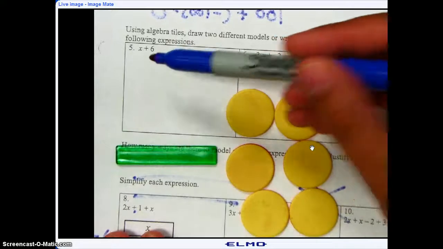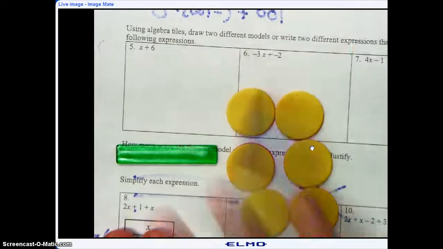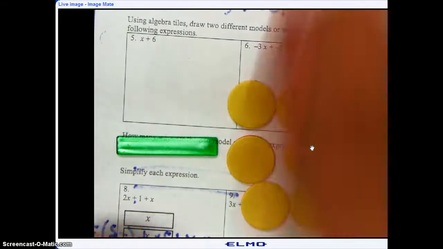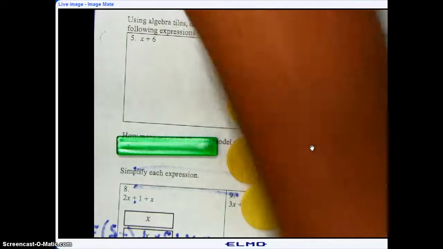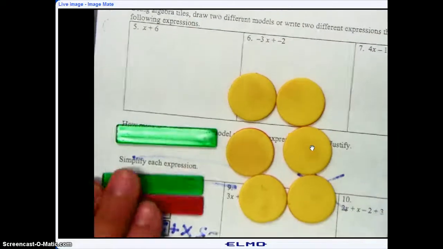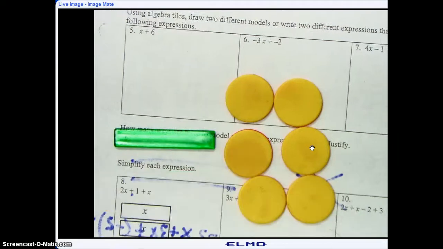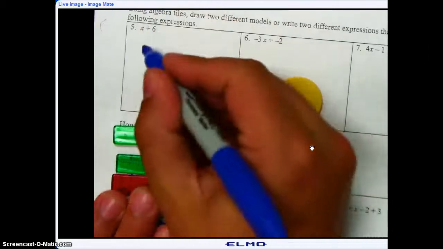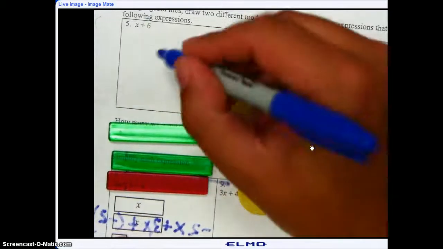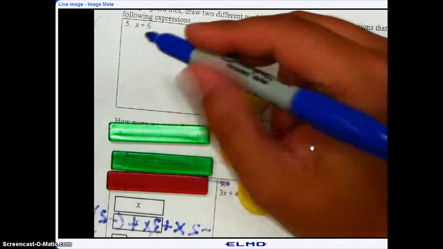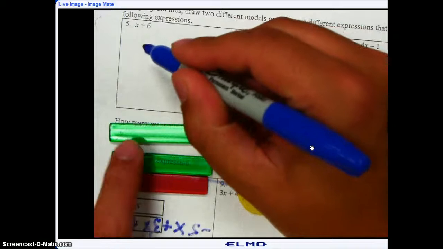cross out our 0 pairs, it equals this. So, for example, what if I added that? If I took away my 0x, would it equal x plus 6? So one way to do it is, how many positives did I put out there? How many positive x's? 1, 2.